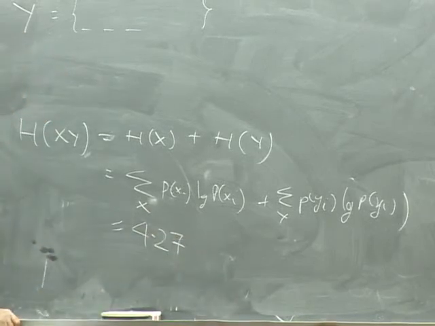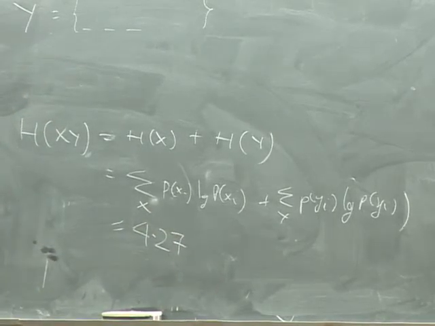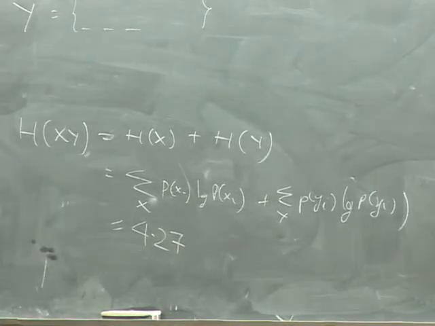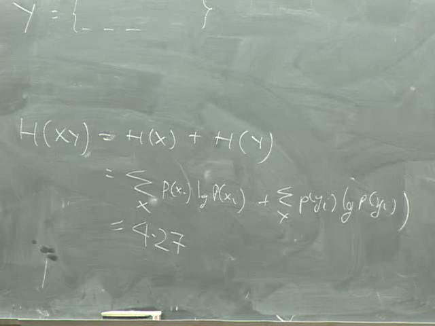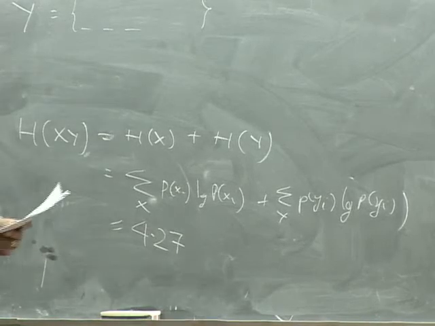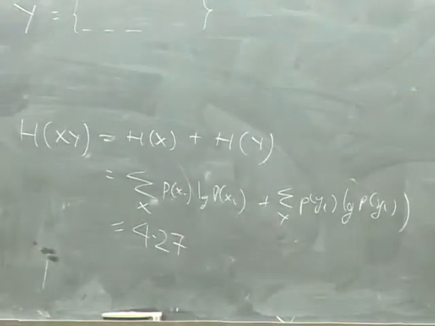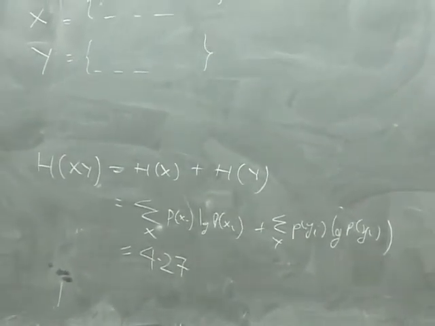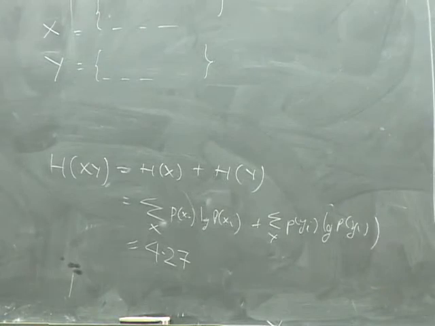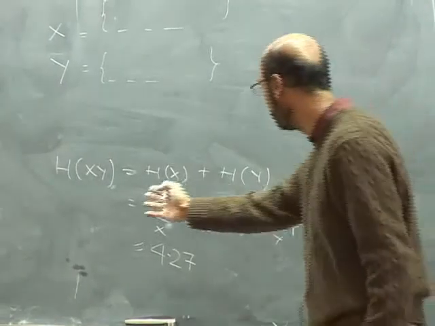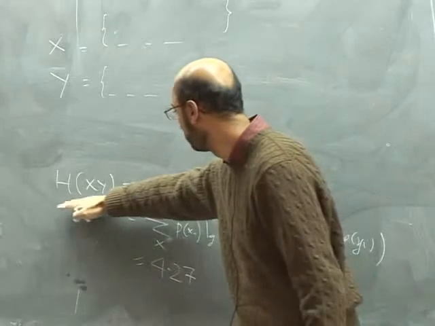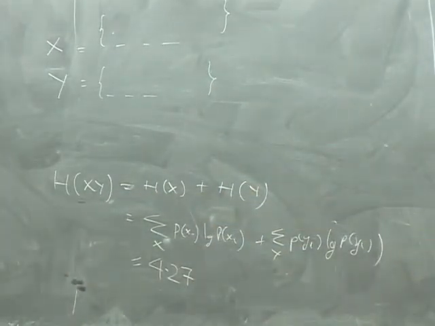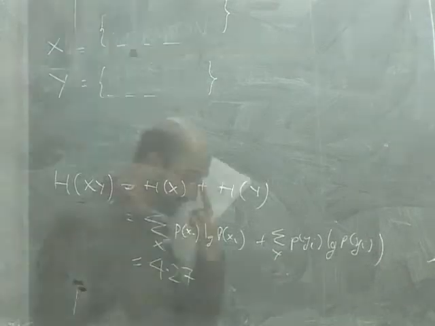Thank you. So if you got 4.27, assuming you did x plus y, good. If you didn't do it because you said the sum is not defined, that's a valid answer also, and you can blame me for that. I'm sorry about that. So the point is that for independent variables, the entropy of the joint distribution is additive, and that's the basic result I wanted to get across.